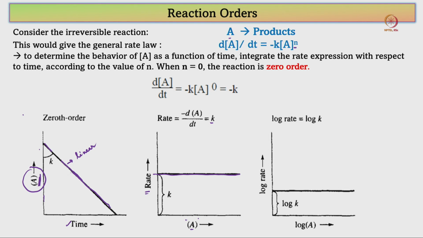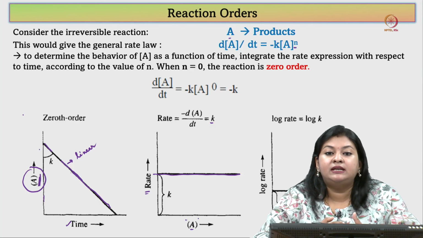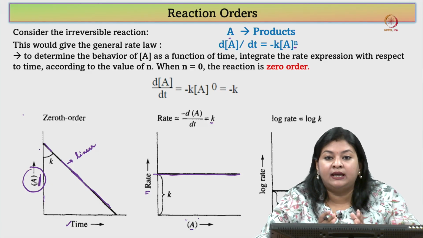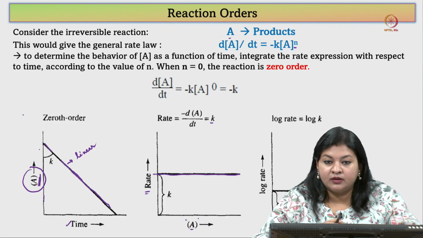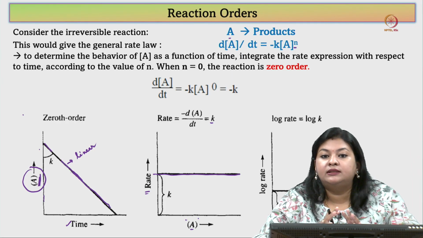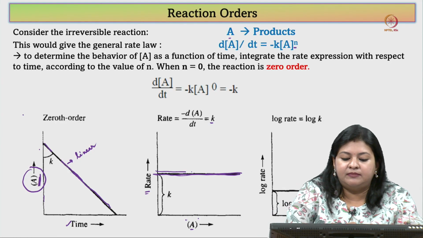Do you understand what I am trying to say? If I increase the concentration of A, if I go on adding more and more of A, my rate is not changing, nothing is happening to my rate. So, my rate is remaining constant here.